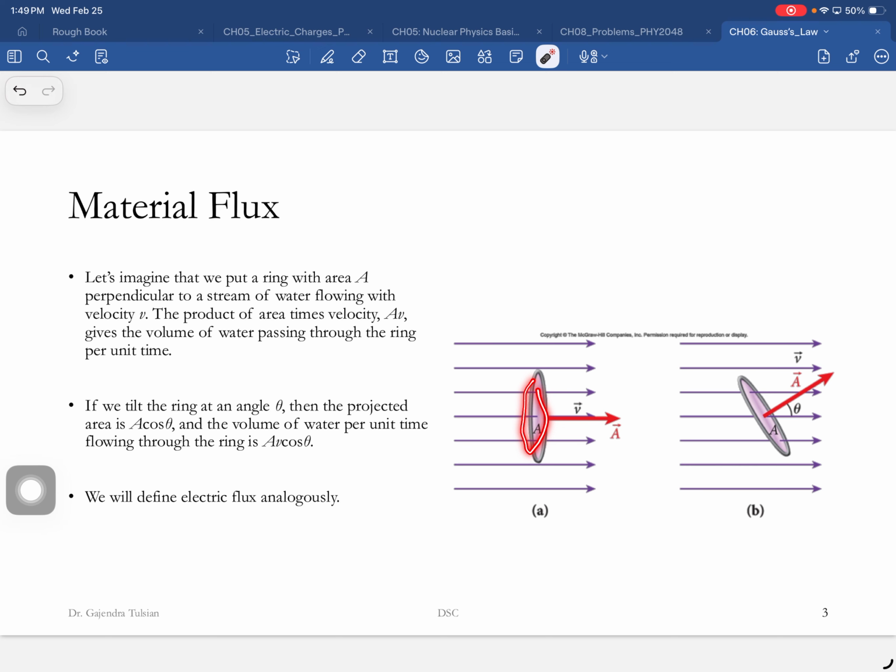If you hold this perpendicular, the flow rate is just A times V, the area of this ring times the velocity. If the area is in meters squared and the velocity in meters per second, AV will be meter cubed per second, volume per second. That gives you the volume flow rate.